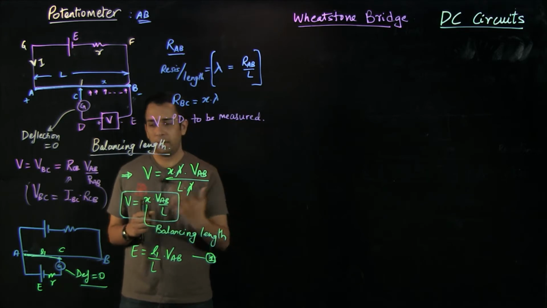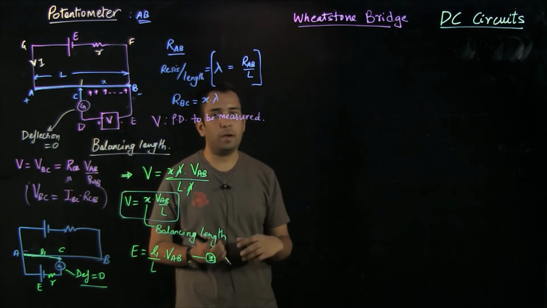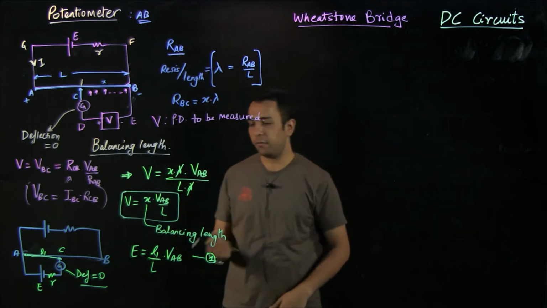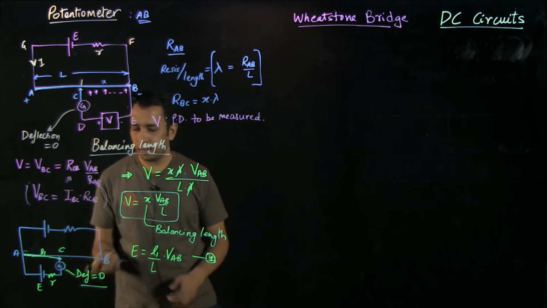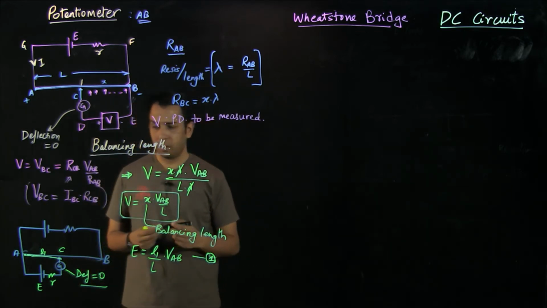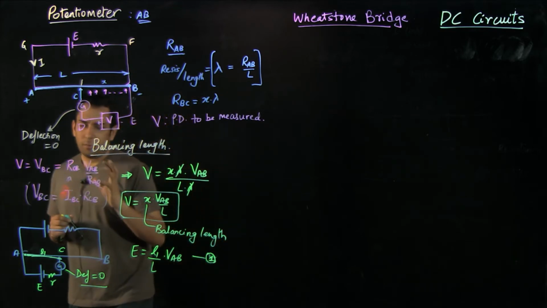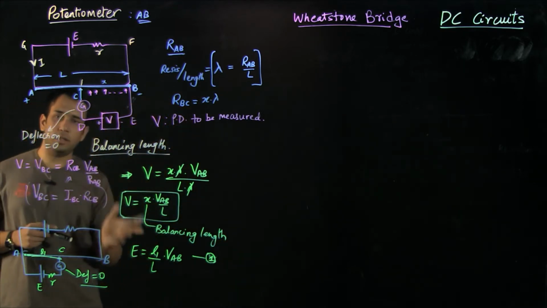So now we can take any unknown cell about which we do not know anything, and we can find out its EMF. But still we have not found its internal resistance. So what do I need to do? What is happening at the balancing length? The deflection in the galvanometer is 0.